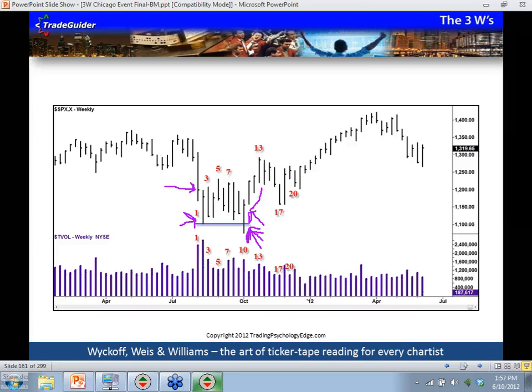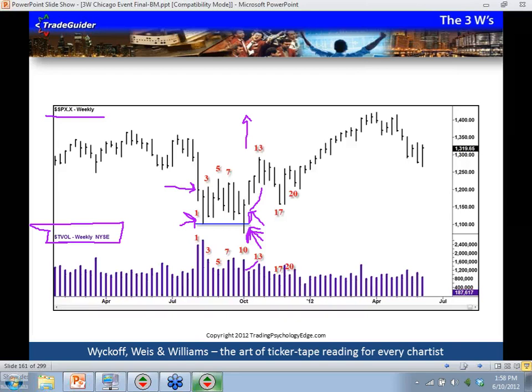And look at how the volume, and by the way, this is the total New York Stock Exchange volume rather than the SPX, the S&P cash market. Rather than using the cash volume, I like to use the total volume of the New York Stock Exchange. The S&P is a good sample of the total New York Stock Exchange universe of stocks. But notice how, with all the stocks on the NYSE, the volume is increasing as the market moves up.